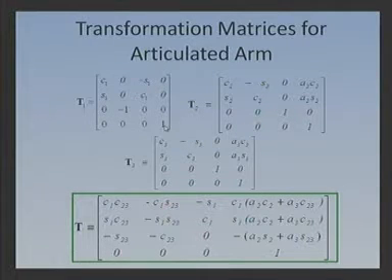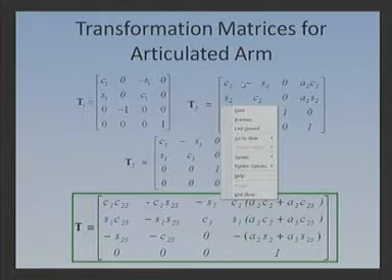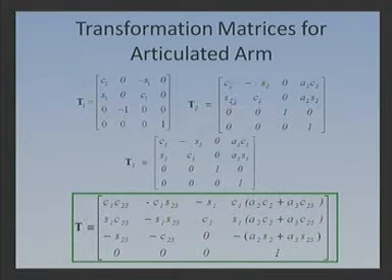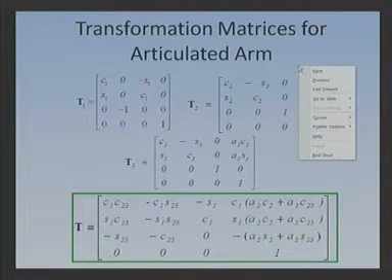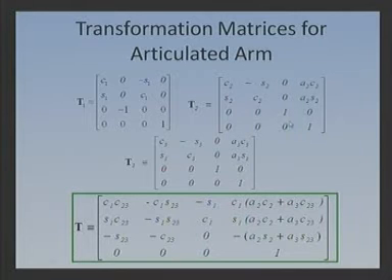Now, if you try for the second set of DH parameters in the second row, we can find that this will be cos theta 2, sin theta 2, 0, 0, minus sin theta 2, cos theta 2, 0, 0, then 0, 0, 1, 0. Since A2 is non-zero, it will be A2 cos theta 2, A2 sin theta 2, 0 and 1.